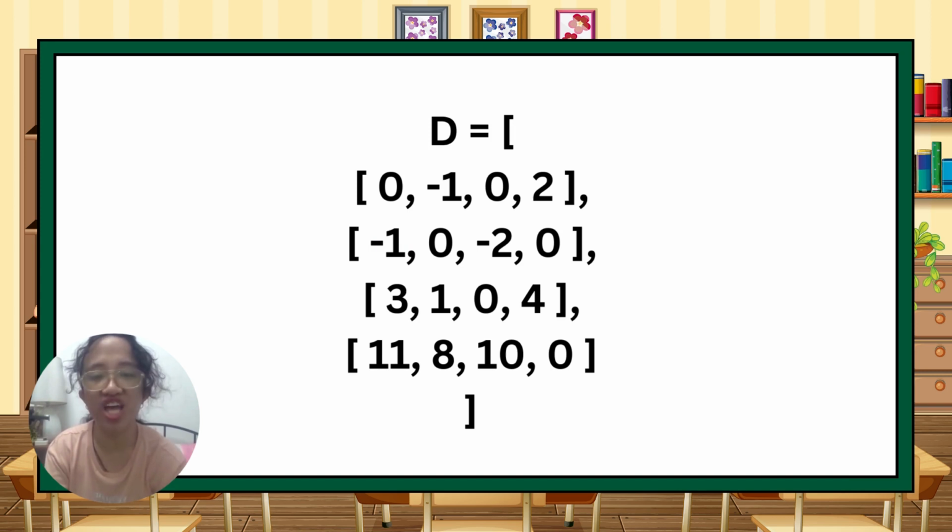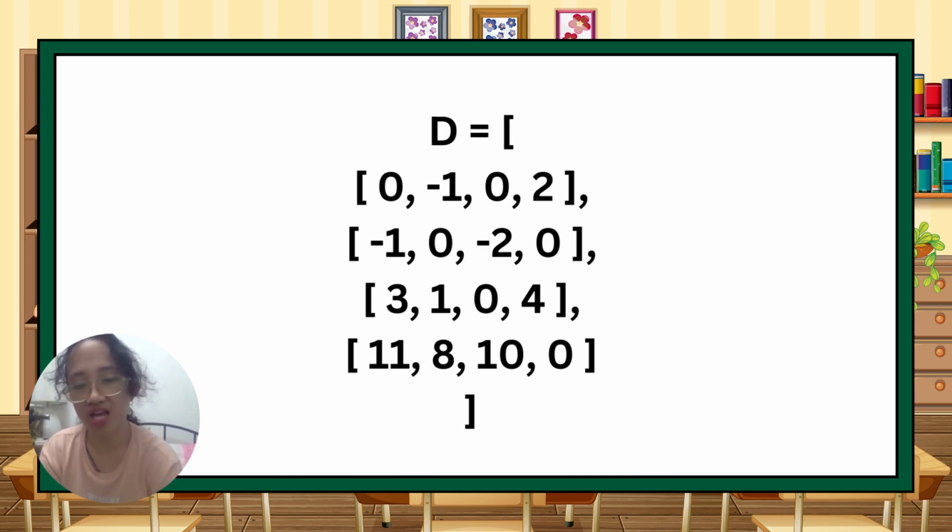After applying the algorithm, we have matrix D equals: A: 0, negative 1, 0, 2. B: negative 1, 0, negative 2, 0. And for our C: 3, 1, 0, 4.